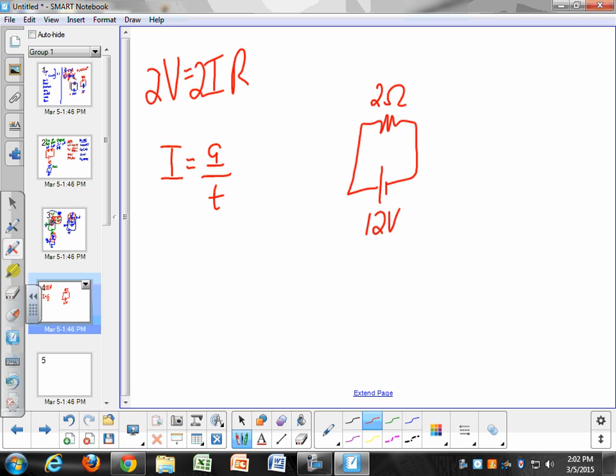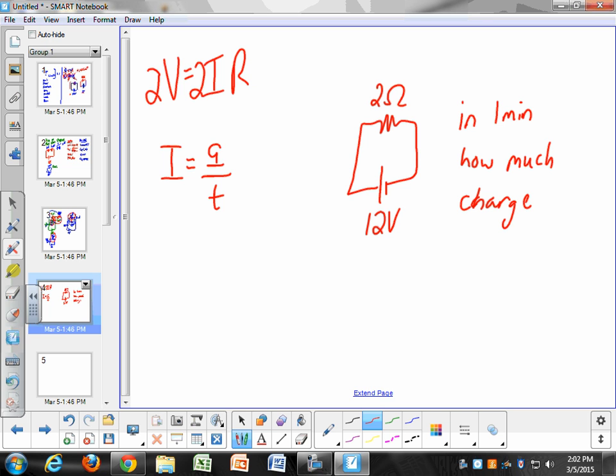2 ohms, and I want to know, in 1 minute, how much charge passes through that resistor. You would have to find the current through a 2 ohm resistor with a 12 volt battery. What would that current be?